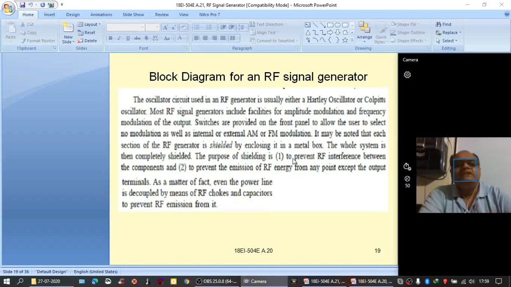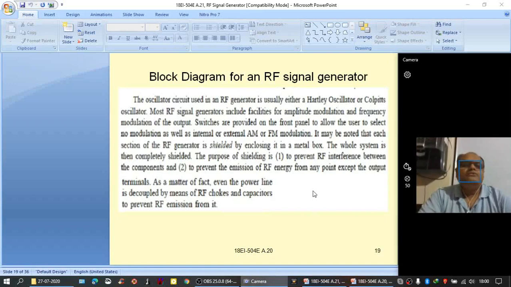So if at all any stray capacitances and stray inductances produce radio frequency signals, or if at all any electromagnetic interference is there from the external environment, all of it is absorbed by the chassis and is connected to ground, to earth, or of course the circuit common, what we say ground.